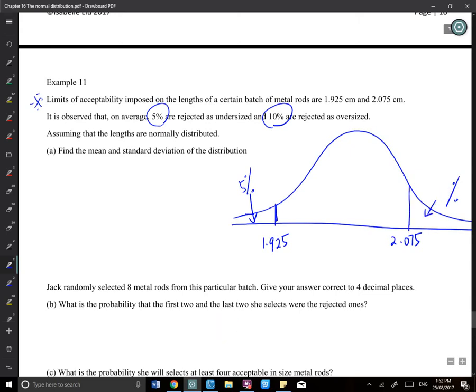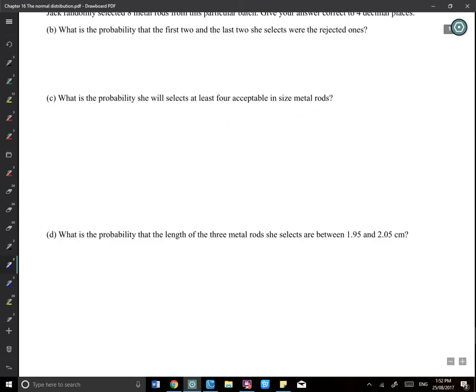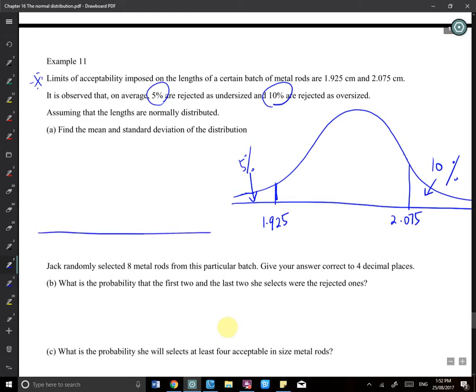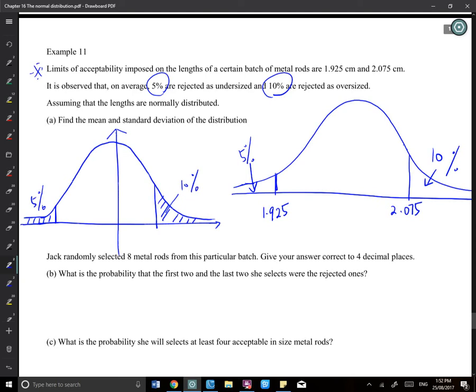That's a 10%. What method I'll use is standardizing to Z. I'll have a Z curve. I'll plot 5% here, and I'll plot 10% here, and plot back to the Z normal.